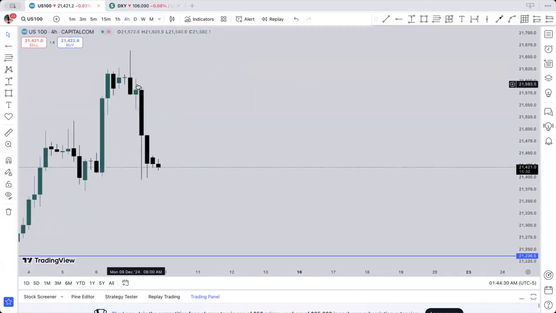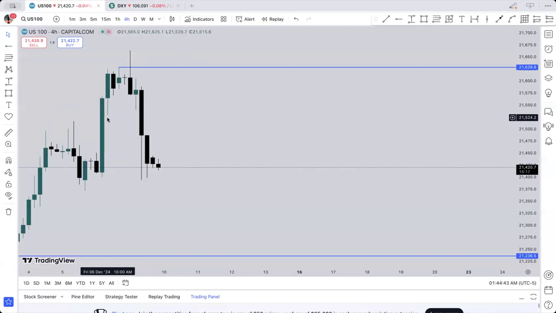So now, this is H4. You can see how we took out liquidity and then we displaced very hard. When price traded to this gap initially, and then took out this low, we rejected aggressively. And then the next candle that opens, on that open, price did not offer buy side.